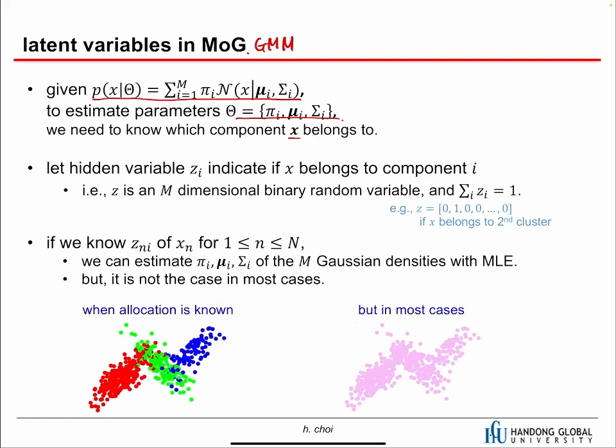It means in k-means, somehow we assume that each cluster makes a Gaussian distribution with the same covariance matrix, an isotropic covariance matrix.